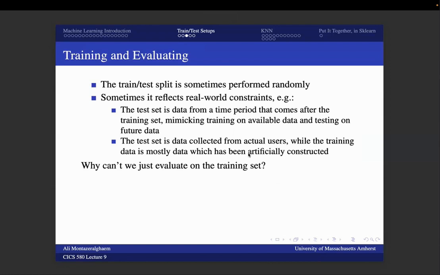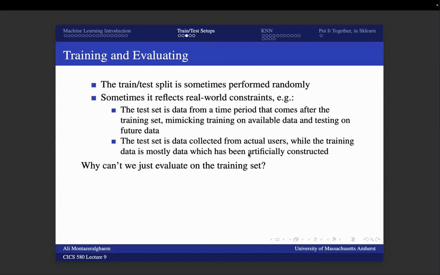In this case, you cannot guarantee that your system is going to be good on a new user or new data, because we already saw the training data in the training phase, and the model can remember or memorize this data, and this cannot be a good way to evaluate the model.